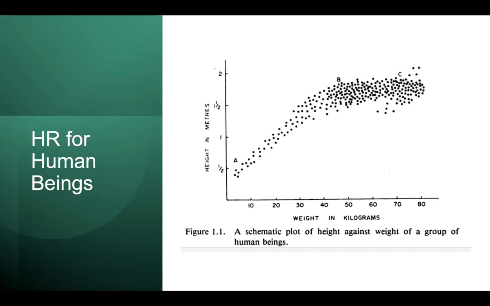So when you see fewer points at this position, that's because of this reason: less time of the human lifetime is spent in this region with a lesser height and a lesser weight. And this is going to be something important which we'll also use when we look at stars: looking at the population, how many are there?